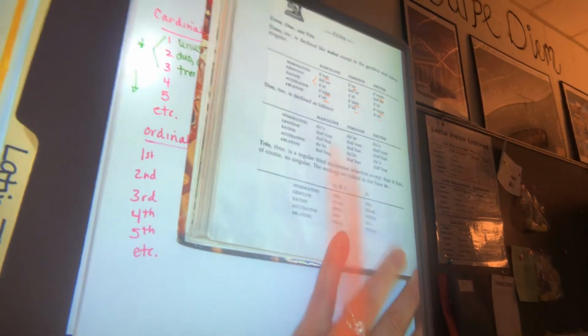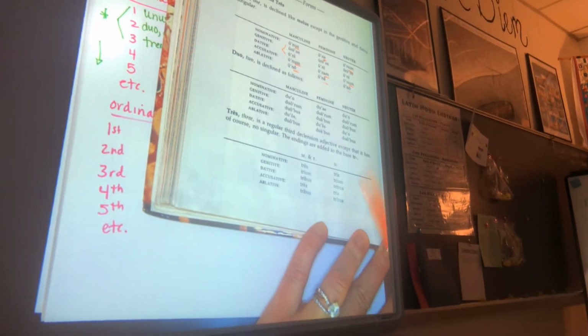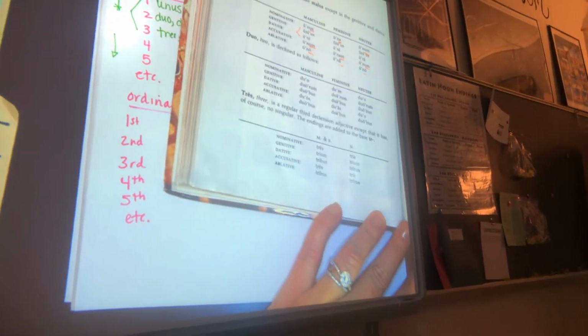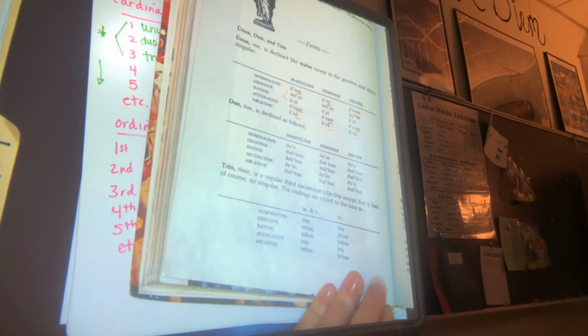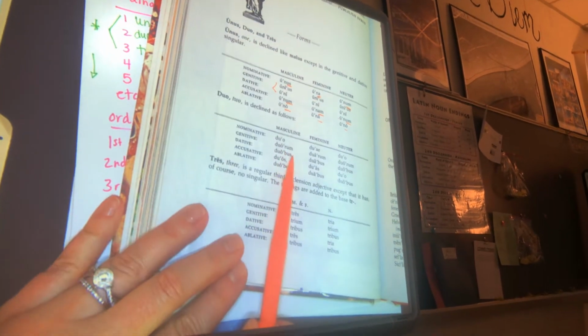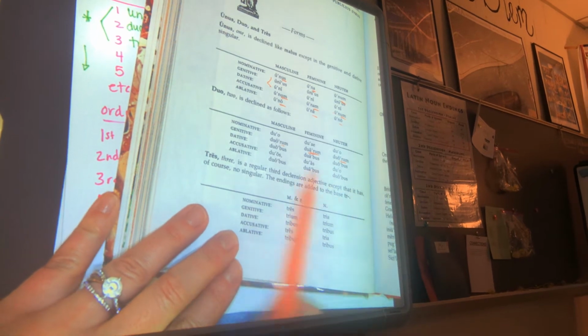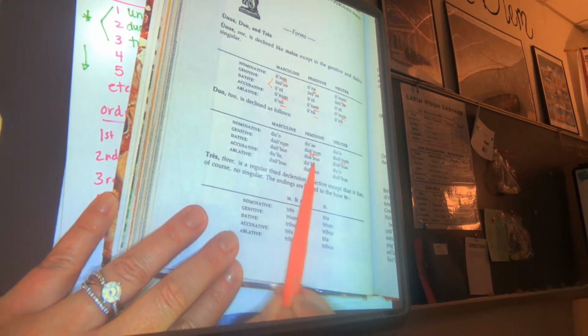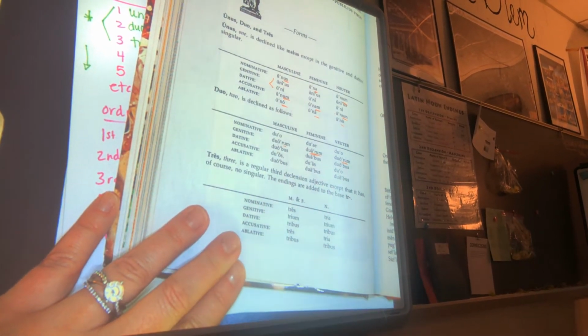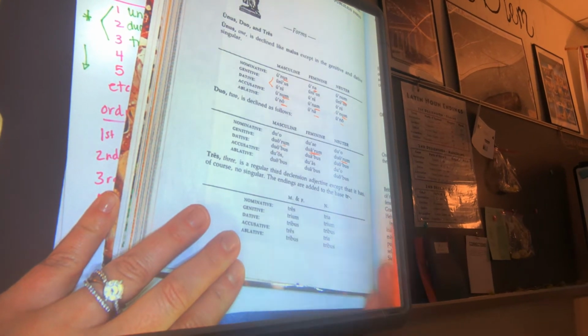Same with 2 and 3. Some of them look similar. You're going to see orum, arum, orum. But then look, obus, abus, obus. That's like third declension. So these are very strange.